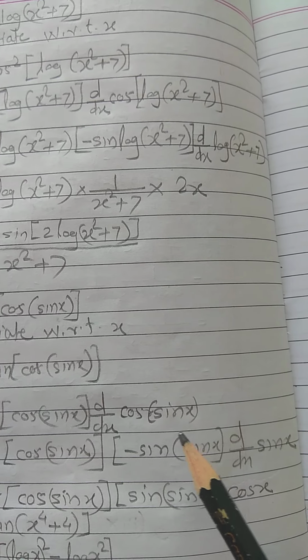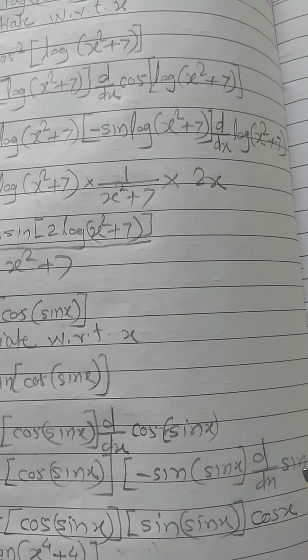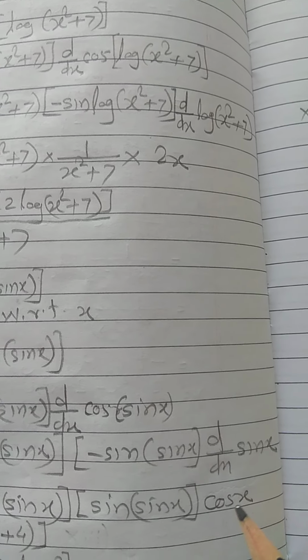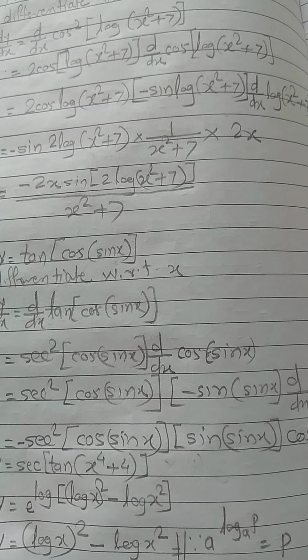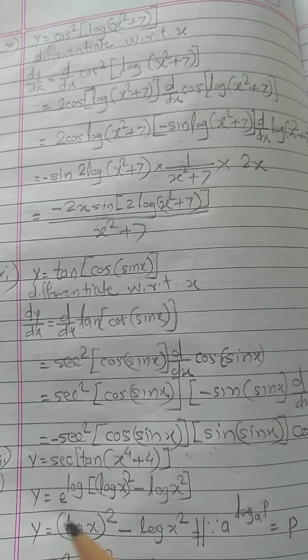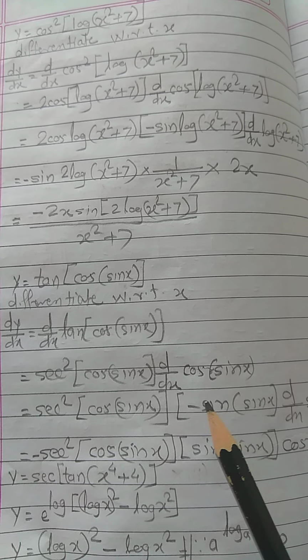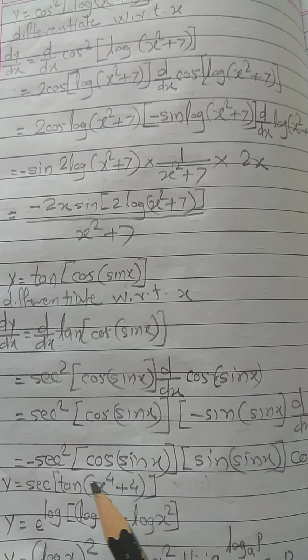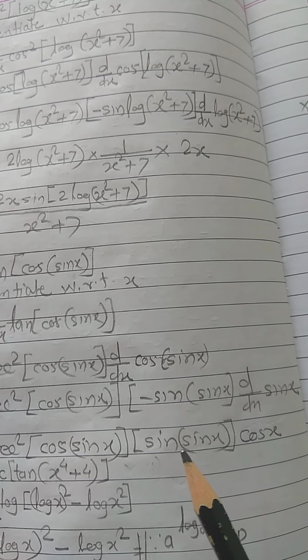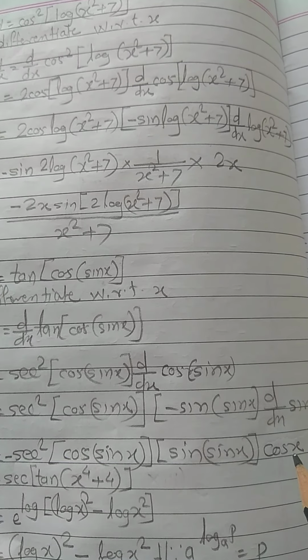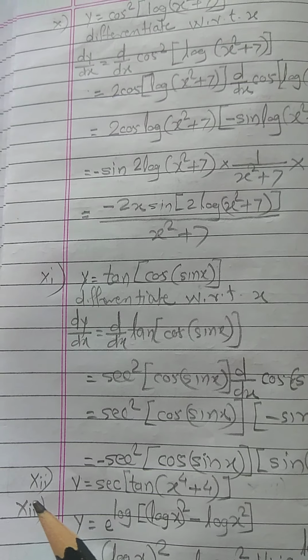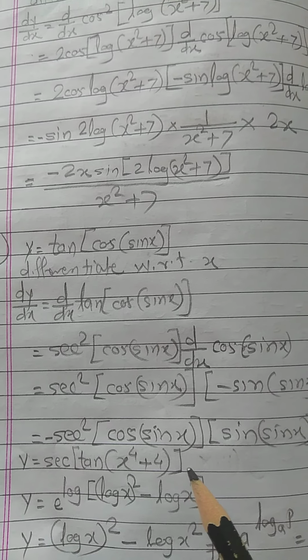Now we have to take the derivative of this angle, which is sine x. The derivative of sine x is cos of x. So the final answer is minus sec square cos of sine of x, this sine of x, and the derivative of sine is cos. Hence the answer. Question 12 is the homework for you.